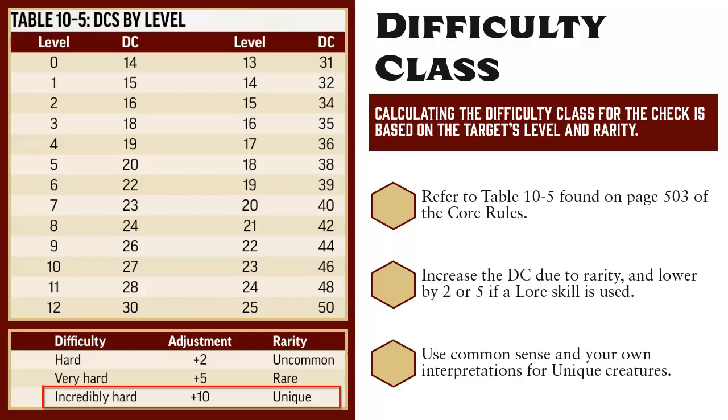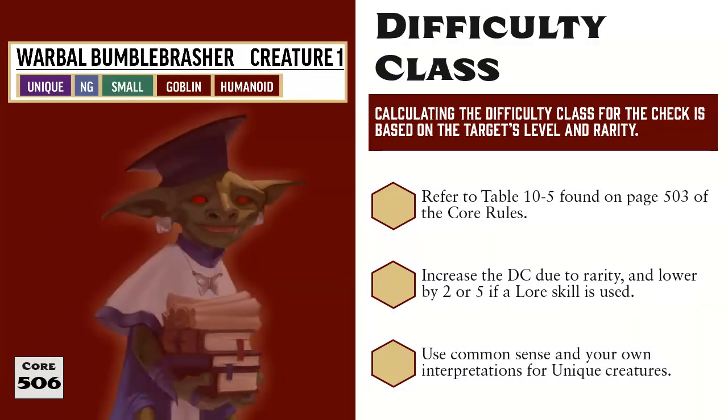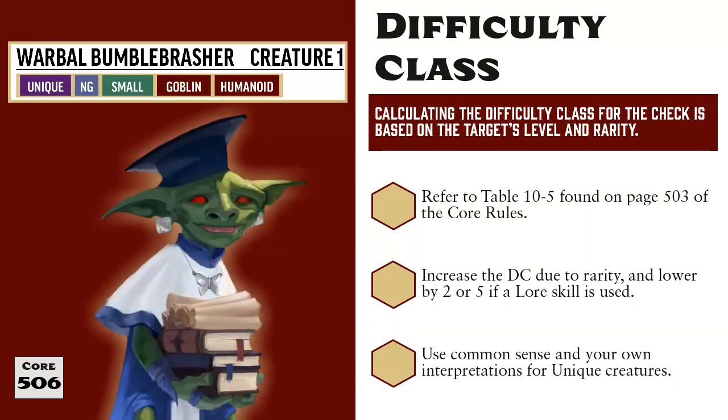If the creature has the unique tag because they are an individual member of a species like Warble Bumblebrasher is, then by raw, the DC to identify her is 25, 15 for being first level, plus 10 more for having the unique trait. Although not spelled out in the rules, I believe the intention here is for it to be a DC 15 society check to know that you're looking at a goblin, and a DC 25 check to recognize her as a specific goblin named Warble Bumblebrasher.